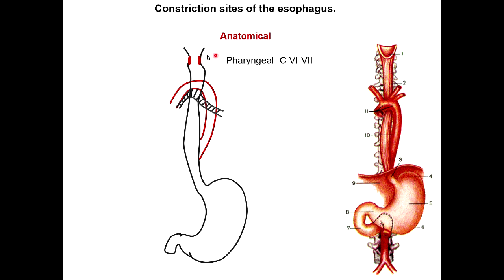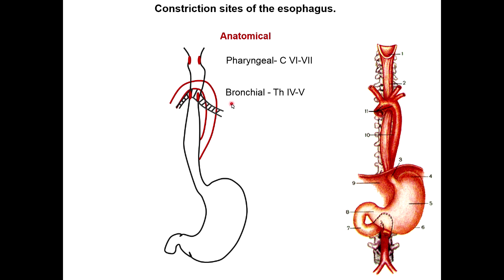So before this anatomical pharyngeal narrowing is pharynx, and after, caudally to this pharyngeal constriction site, is the cervical part of the esophagus. The first constriction site is pharyngeal constriction site.